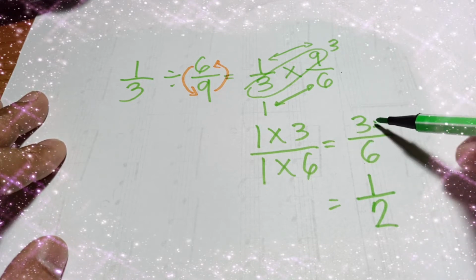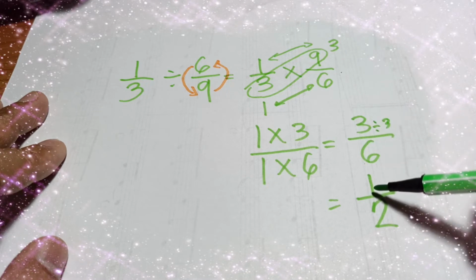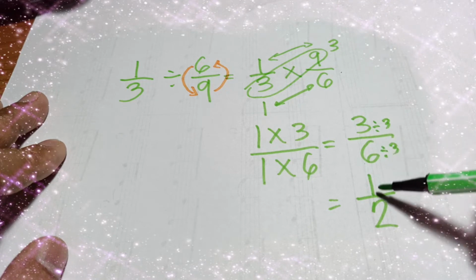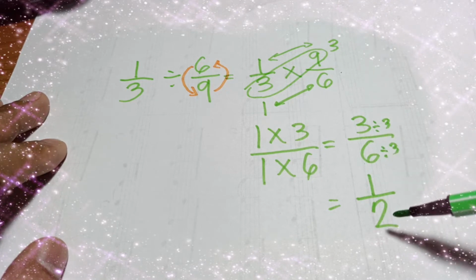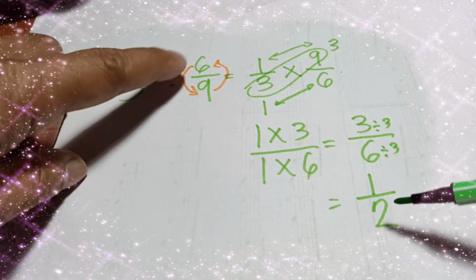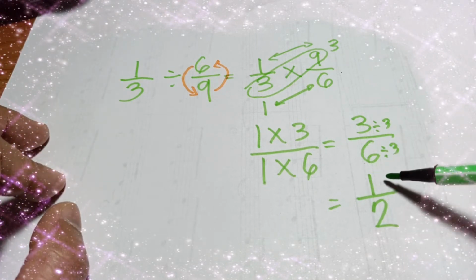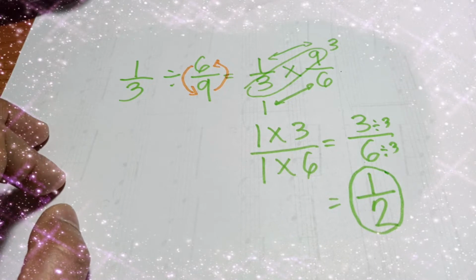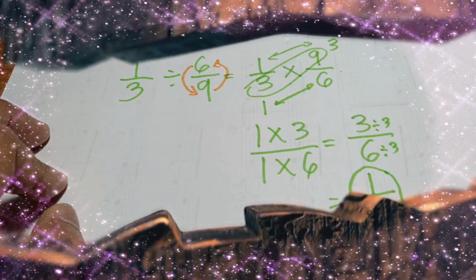When you divide 3 by 3, it will give you 1, and 6 divided by 3 will give you 2. So when you divide 1 over 3 by 6 over 9, the answer will become 1/2. Alright, so let's take another example.